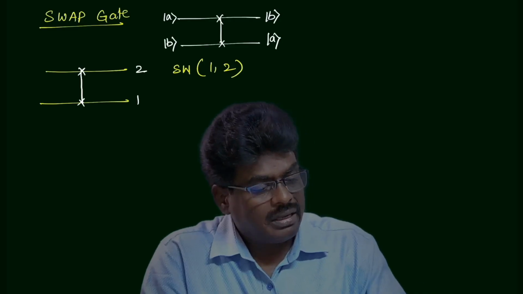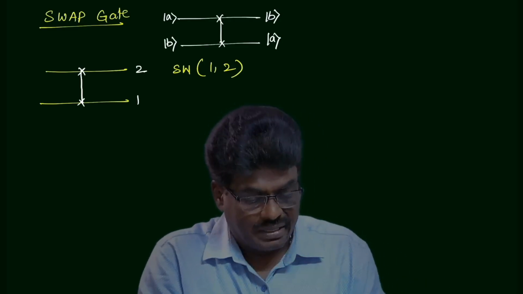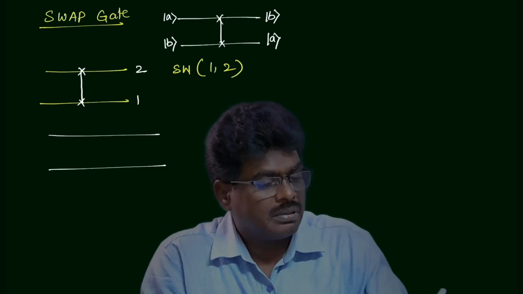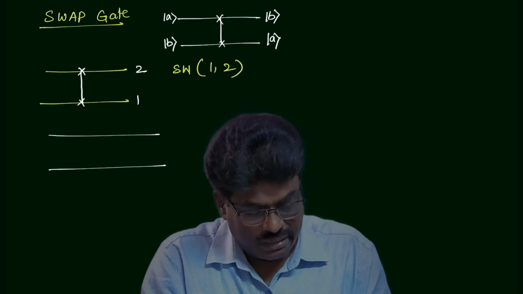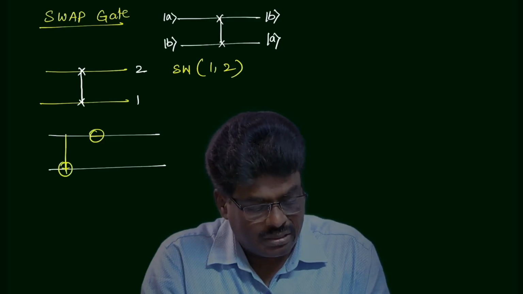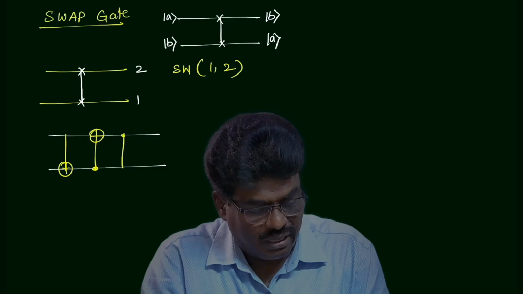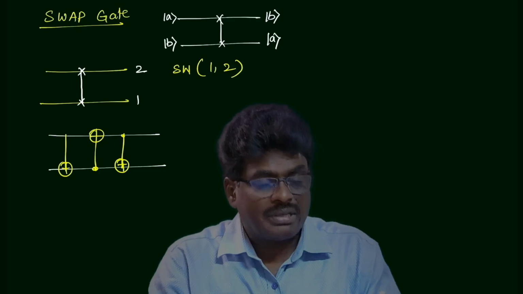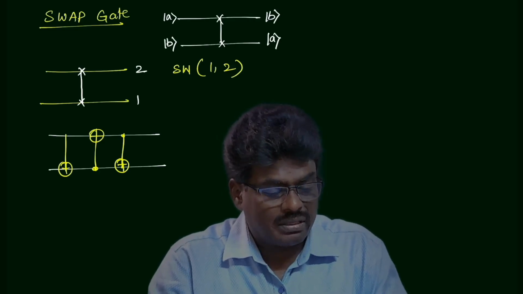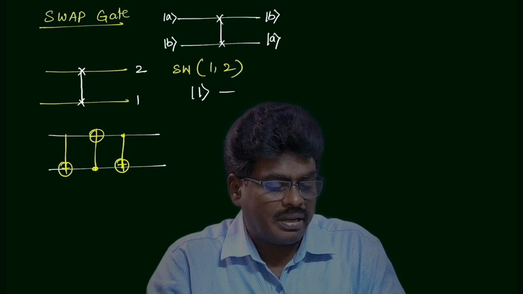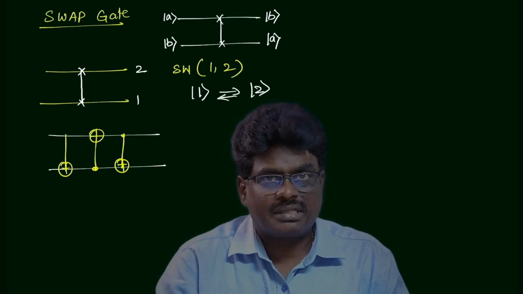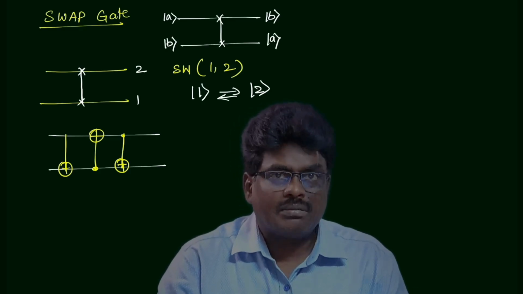Okay, let me explain one interesting thing here. I'm taking the combination of CNOT gates here, like this, CNOT and a reverse CNOT and a CNOT. Let us find. Now here swap gate 1 2 means what? 1 becomes 2 and 2 becomes 1, like this. Just like flipping, but you cannot say it's a flip. Okay, so 1 becomes 2, 2 becomes 1.